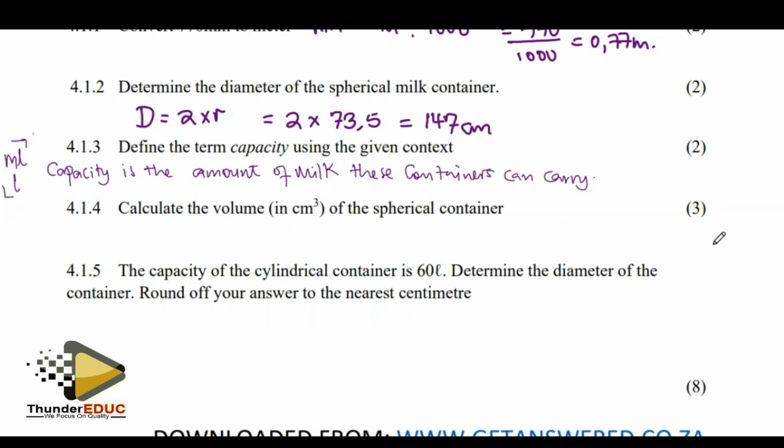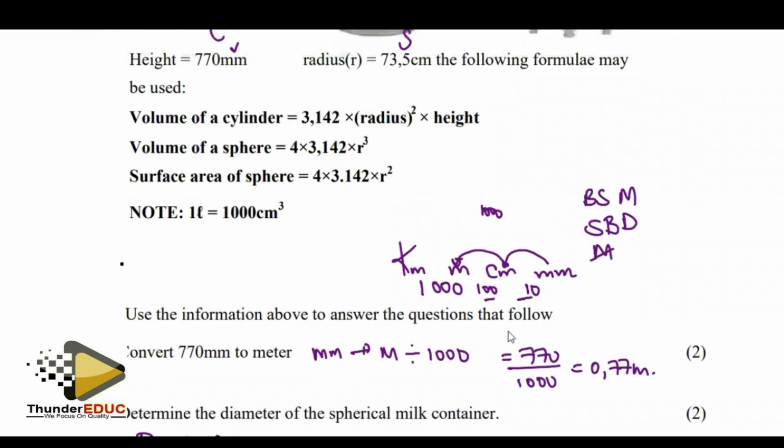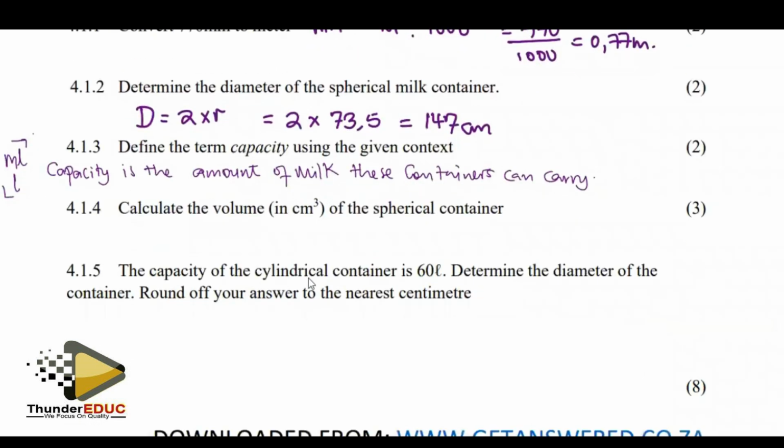Calculate the volume in centimeters cubed of the spherical container. What we are going to do, we go back to our formulas here. What are we looking for? Volume of a sphere. We are going to use this one, which says 4 times pi times r cubed, volume. So we write volume equals 3.142, they told us, times 4 times r cubed.